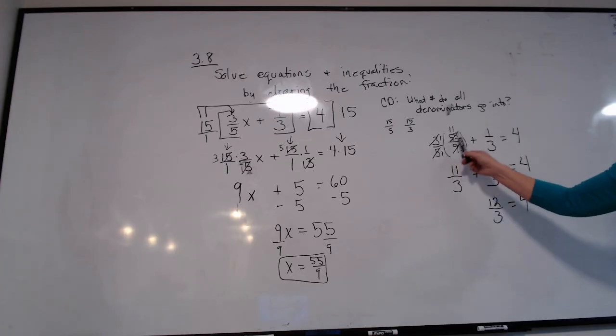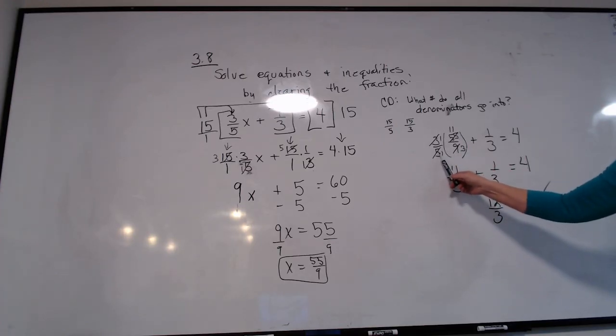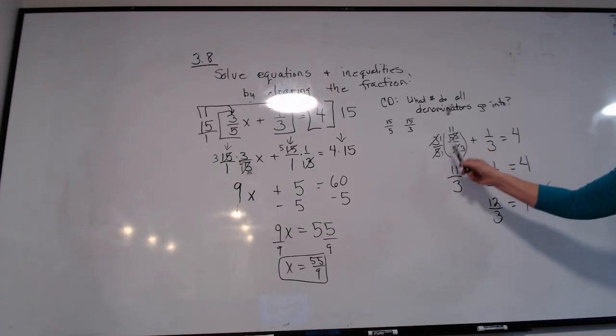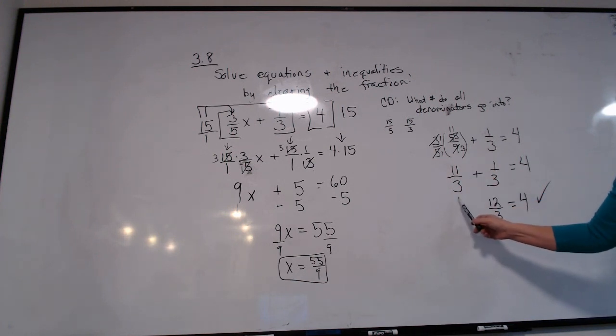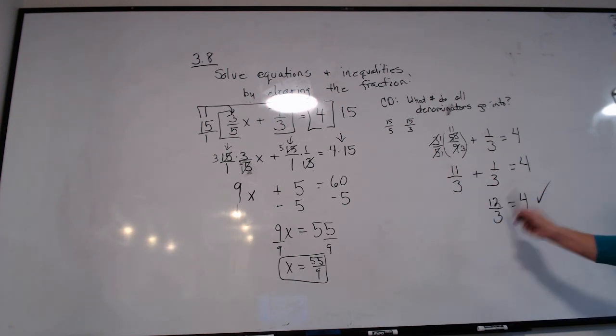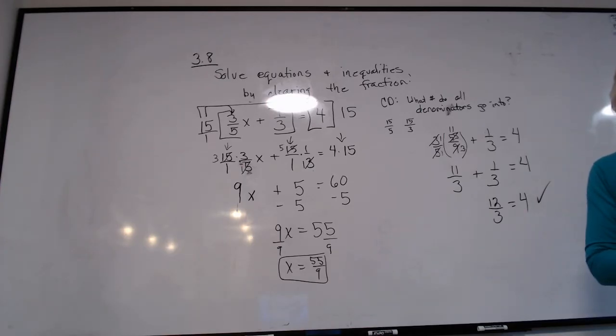It's called cross reducing. 5 goes into this, 5 goes into this, so it goes in once, 11 times, and then I'm left with 1 times 11 and 1 times 3. Now we already have common denominators, so I can add it very quickly, and it does equal 4. Always check your equations to make sure that they are correct.